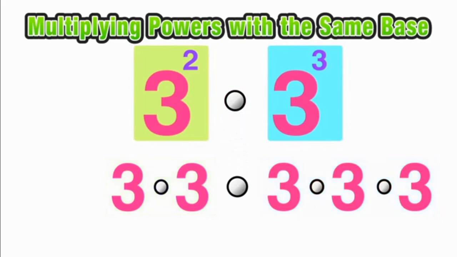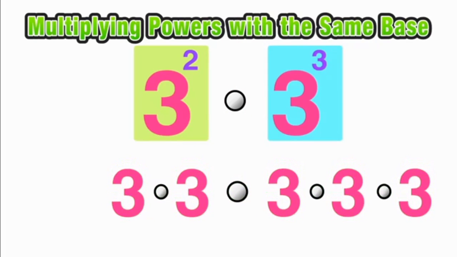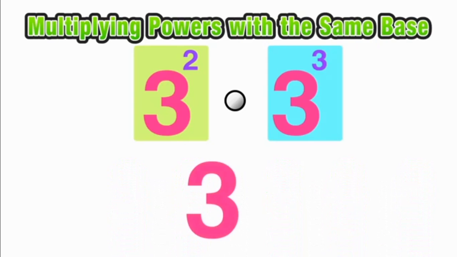Okay, now notice here down below that we have 3 being multiplied by itself 5 times. Another way of saying this is 3 to the 5th power, or 3 to the power of 5. Now the question is, how did we use those exponents of 2 and 3 with the same base and end up with a 5 exponent in our simplified answer? You may have noticed that 5 is equal to the sum of 2 and 3.